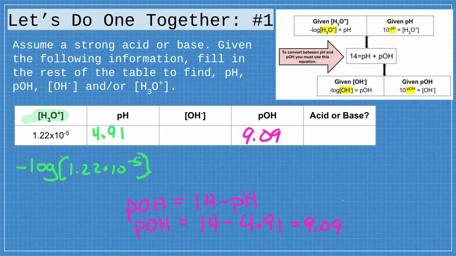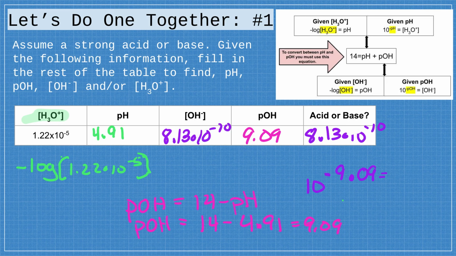Okay, and then our hydroxide ion concentration, we can use 10 to the negative 9.09, which gives us a value of 8.13 times 10 to the negative 10th as our hydroxide ion concentration.